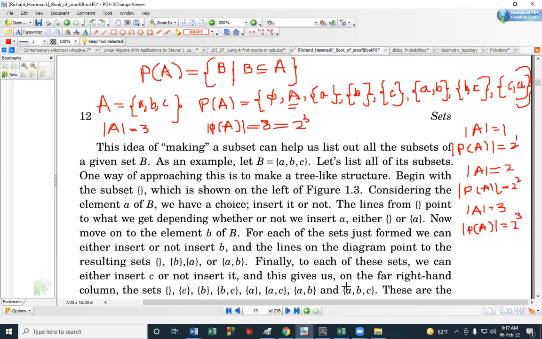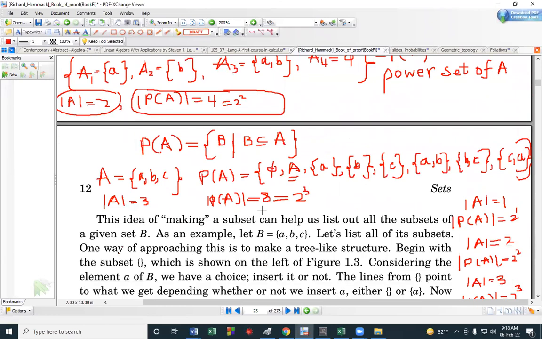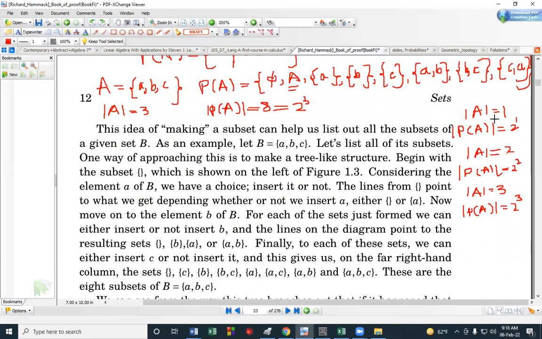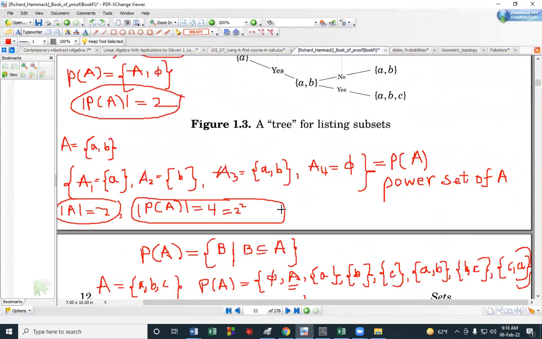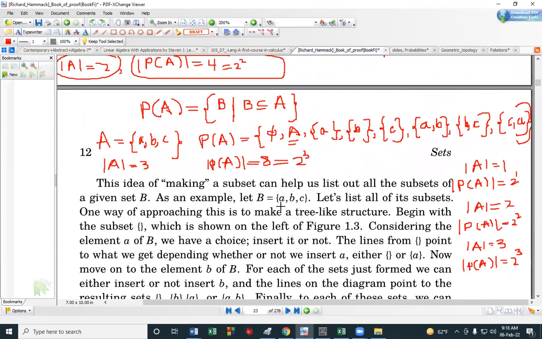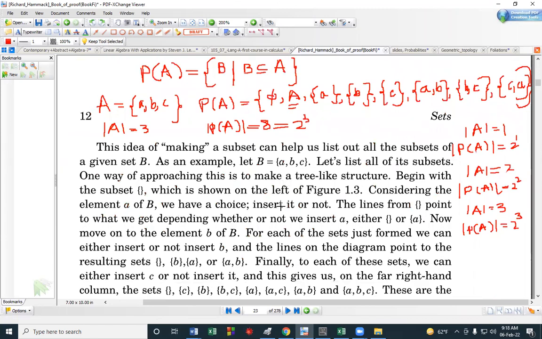As young mathematicians, remember it is a common strategy in mathematics, to prove any truth, to start with simple cases and observe if there is any pattern. So what is our objective? To find the number of subsets of a set. We started with a set with a single element and counted its number of subsets: 2 to the power 1.